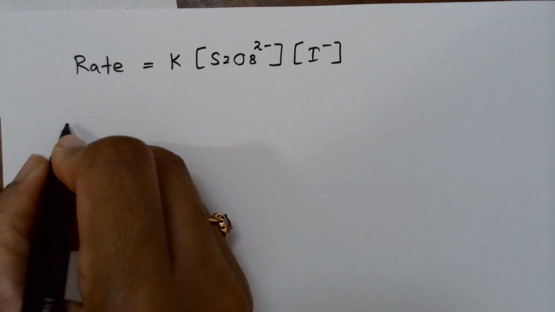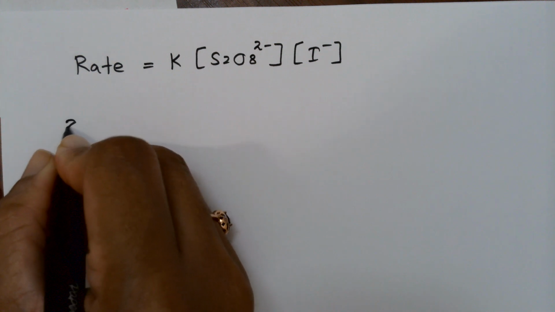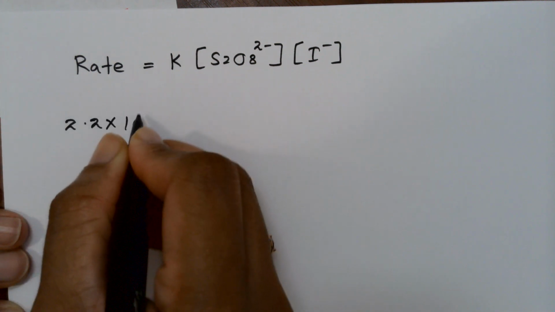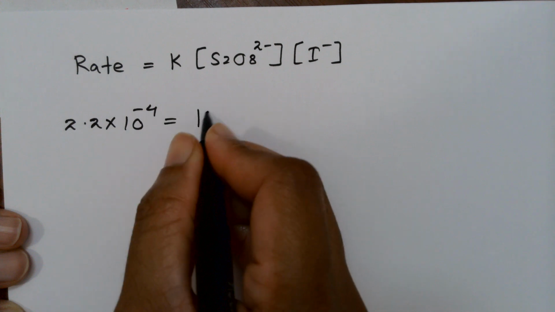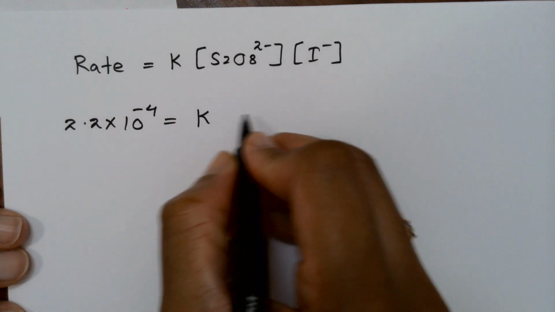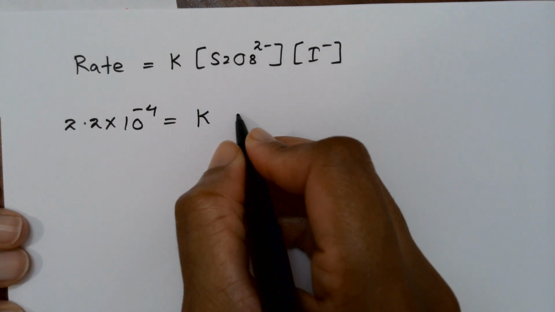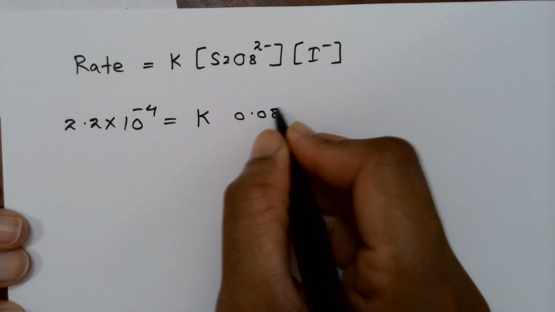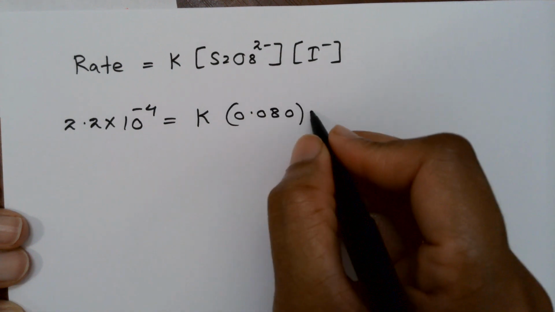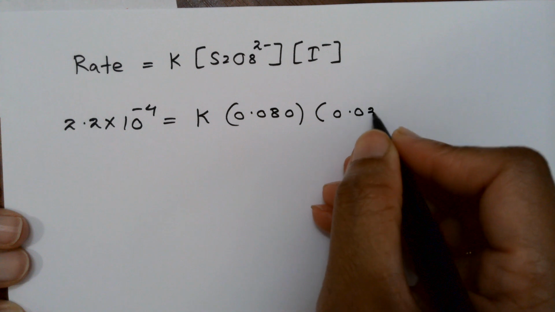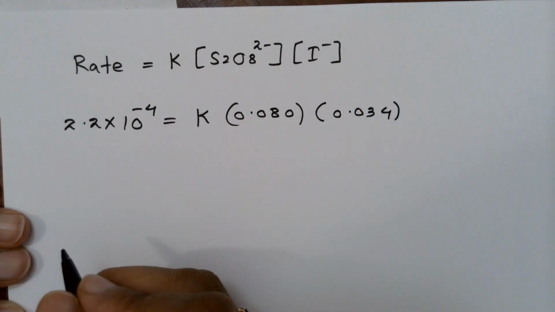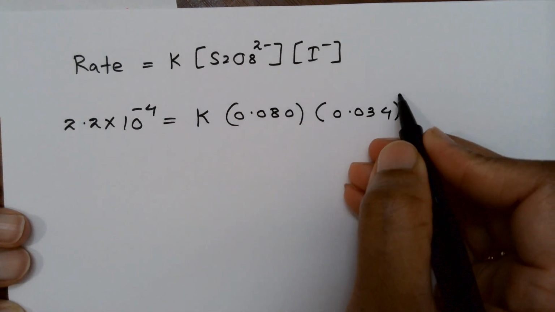The rate in the first experiment is 2.2 times 10 to the negative 4. It is given in the table. The rate constant K, and in the first experiment the S2O8 concentration is 0.080 times 0.034. So these are raised to the power of 1.